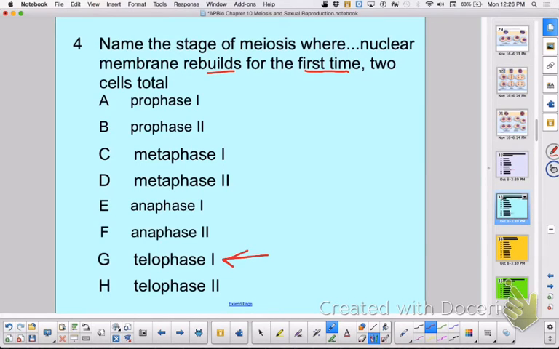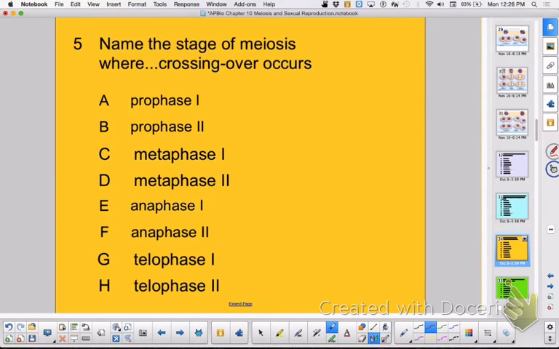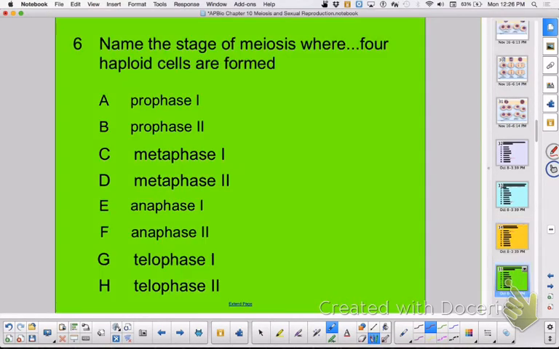Telophase 1, good. Name the stage of meiosis where crossing over occurs. Prophase 1, muy bueno. Now I sound like Trump. Name the stage of meiosis where 4 haploid cells are formed. Telophase 2.